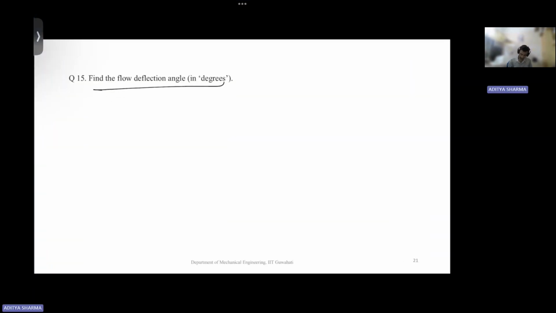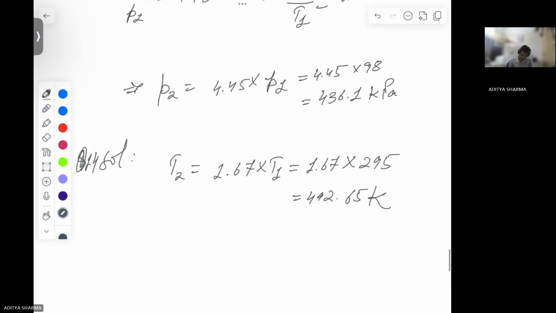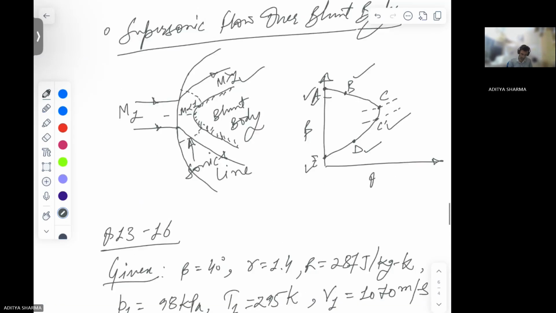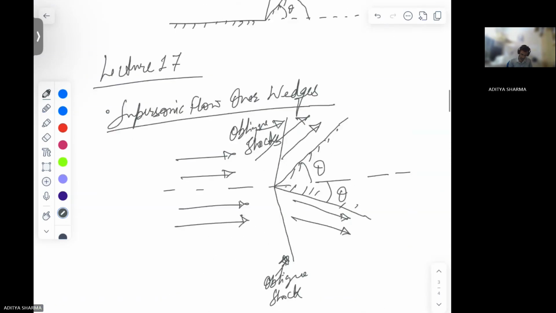So what we will do is, let's go back to the diagram.